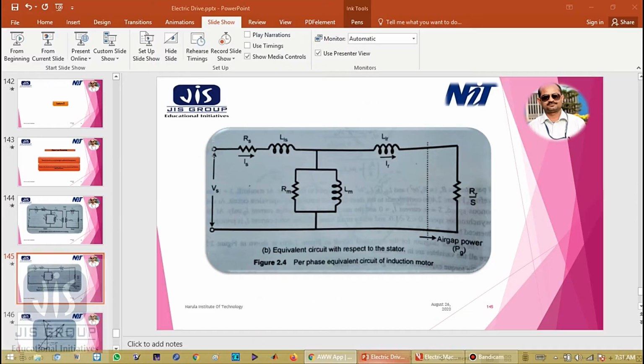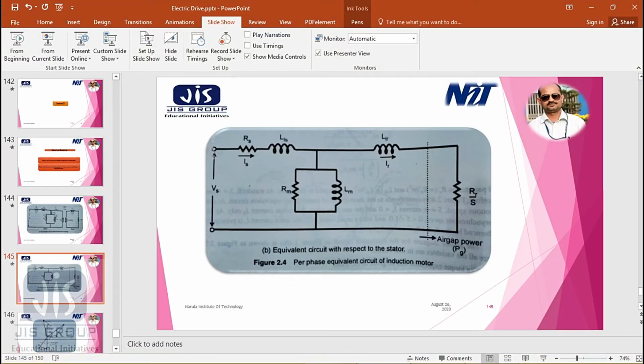So this is my referred value. This is L1R, the current is IR, and this is RR by S. And this is the stator. Between the stator and rotor there is an air gap. The rotor input is basically the stator output, or we can also assume that it is the air gap power.